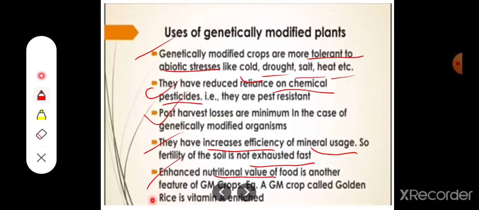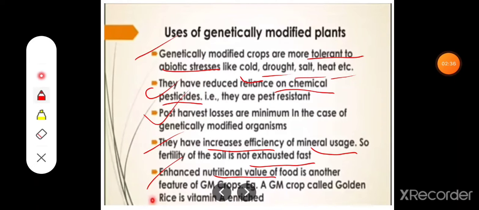So it is a GM crop, that is genetically modified crop, and this golden rice has very rich content of vitamin A. See, normally rices have higher amount of carbohydrate or starch, but this rice called golden rice has richer amount of vitamin A. They are vitamin A enriched crops. Okay, so additional nutritional value is added to the food.